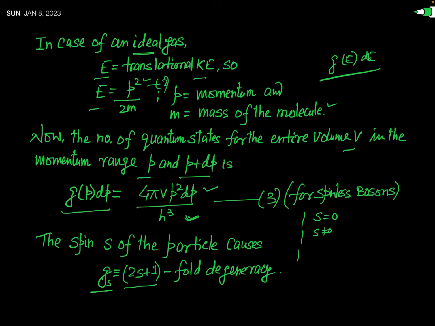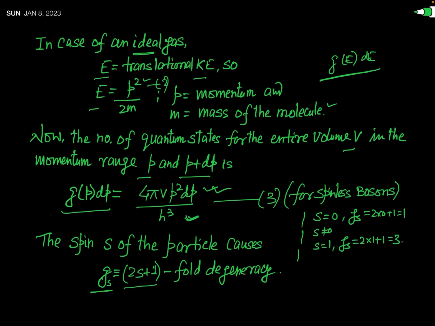For example, if you take s equal to 0, then this spin degeneracy Gs will be 2 into 0 plus 1, that is 1. So this result defined in equation 3 is valid for a zero spin particle. But if you consider that s is equal to 1, then Gs will be 2 into 1 plus 1, that is 3.